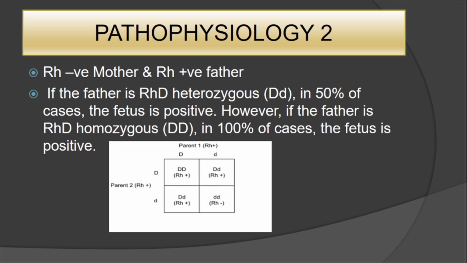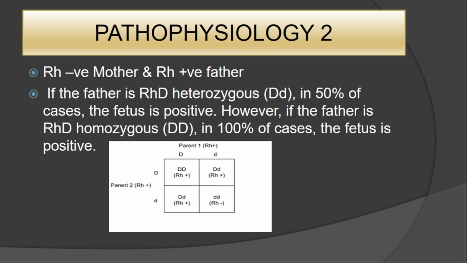Now let us look at what happens if an RH negative mother marries an RH positive father. The father that is positive can either be heterozygous for the Rhesus D antigen, or can be homozygous.